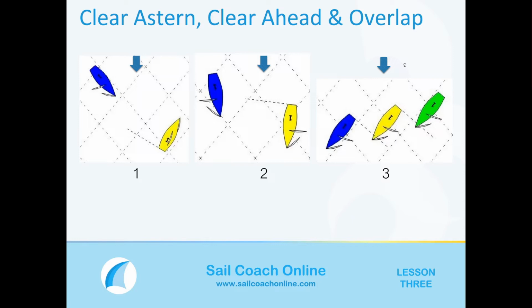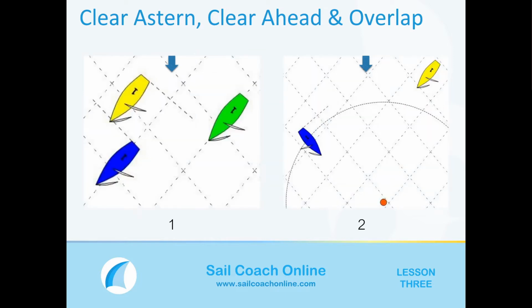In diagram 2, although they're not on the same tack, both boats are 90 degrees off the wind and therefore are overlapped. And in diagram 3, the blue boat is overlapped by both the yellow boat and the green boat because the yellow boat between them is overlapped.